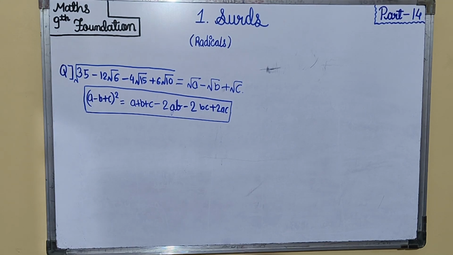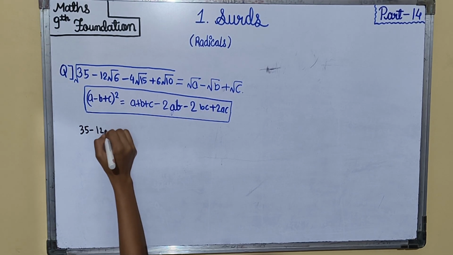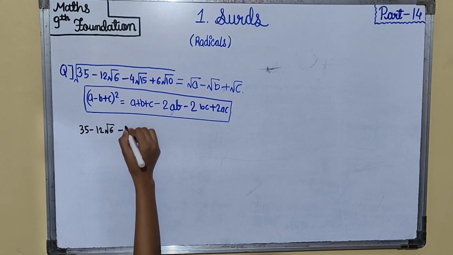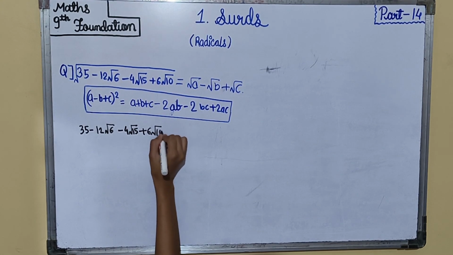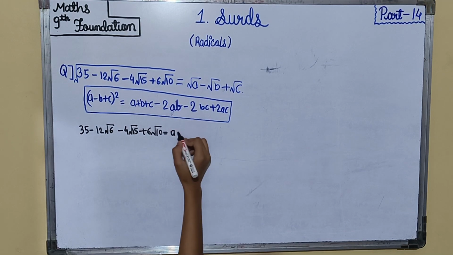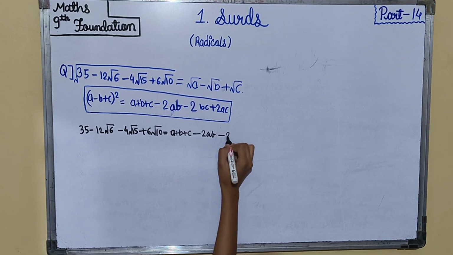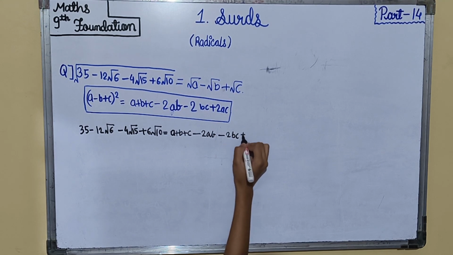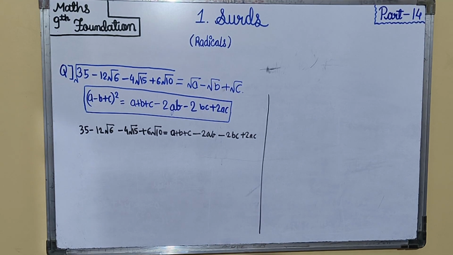For simplifying, we'll square both sides. So we will get 35 minus 12 root 6 minus 4 root 15 plus 6 root 10 equal to a plus b plus c minus 2 root ab minus 2 root bc plus 2 root ac.